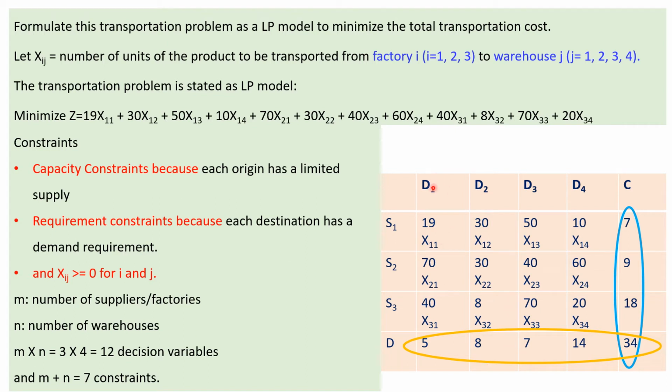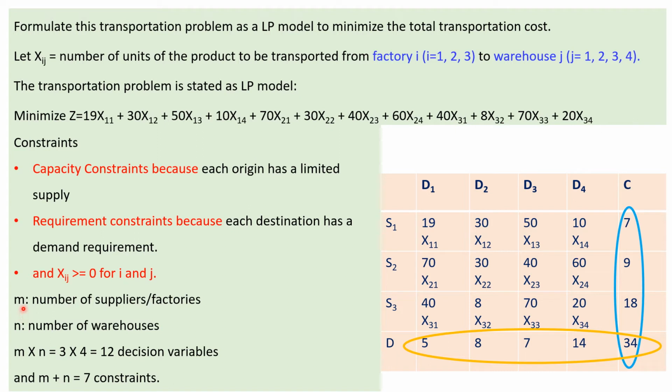For example, D1 requires 5, D2 requires 8, D3 requires 7, and D4 requires 17. So we have 4 requirement constraints, and the other is non-negativity. We will see the detail of the constraints on the next slide.